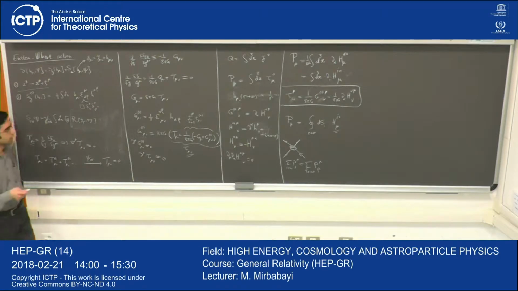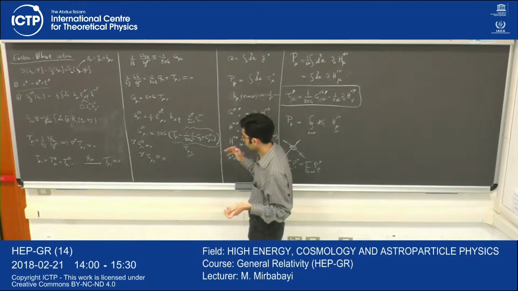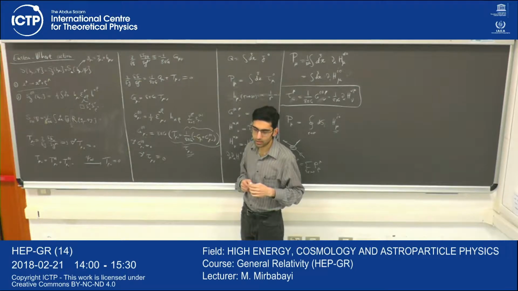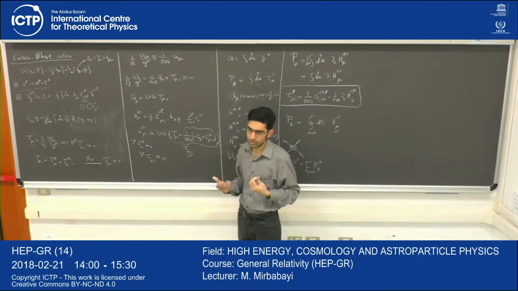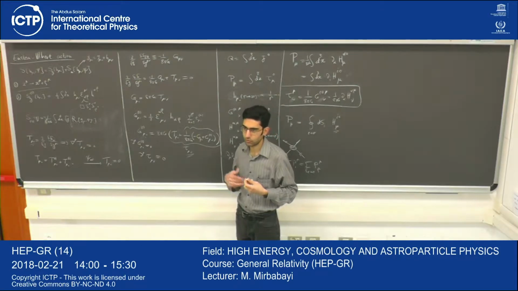Why do we do this? Well, I wanted to talk about stress energy tensor and the concept of energy and momentum. We are used to being able to talk about energy and momentum before considering gravity.